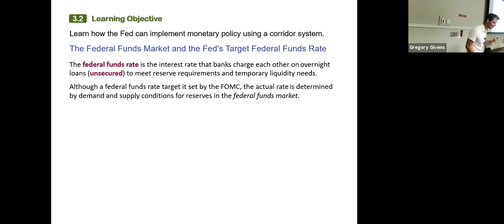That's the point I want to raise here in this second point in the slides: although a federal funds rate target is established by the FOMC, the FOMC might come out and say, we want to target a funds rate of 2%. The actual rate is determined, Santiago, by supply and demand conditions in the market for reserves, that is, in the Fed funds market, okay?